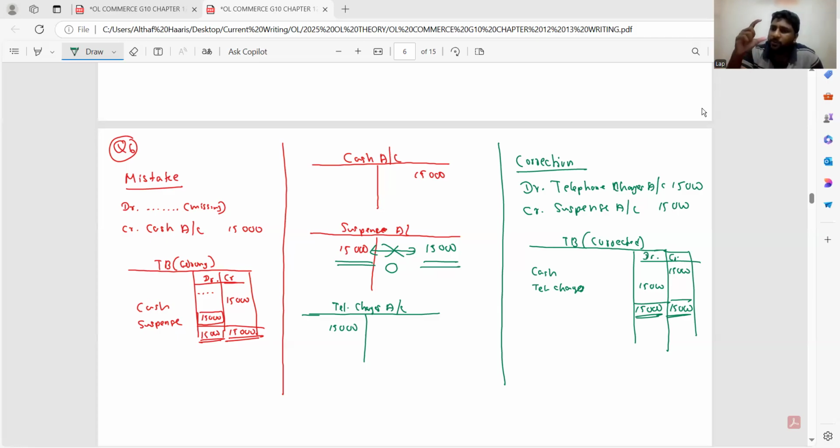Then in the suspense, you have a clear picture. So if there are two entries missing, record both entries separately. Don't take the total. Better to write it separately. We'll be doing questions. Don't worry. Okay?